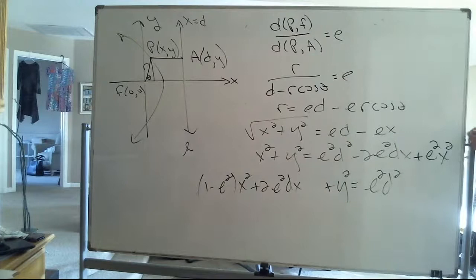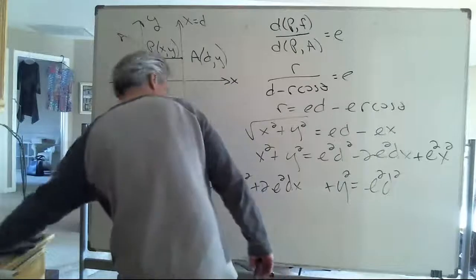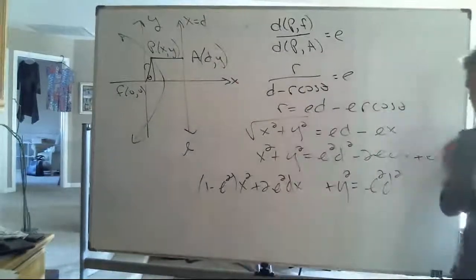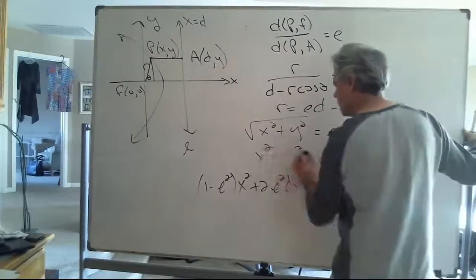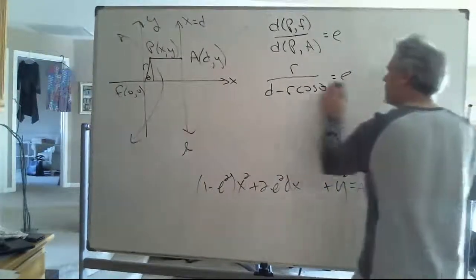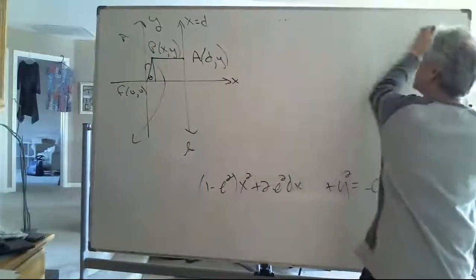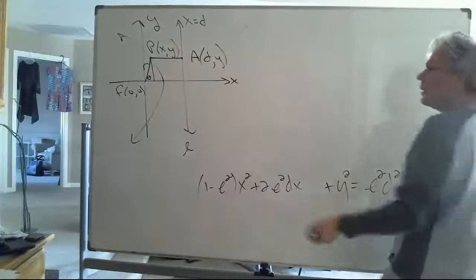Now I like to come in and complete the square on x, but I've got a coefficient I don't like in front of x squared. So let me do this. Shoot. I'm stalling because I don't like the board space that I have. How about this?